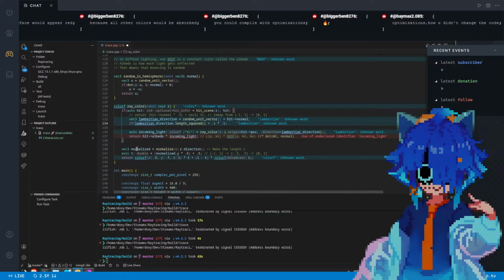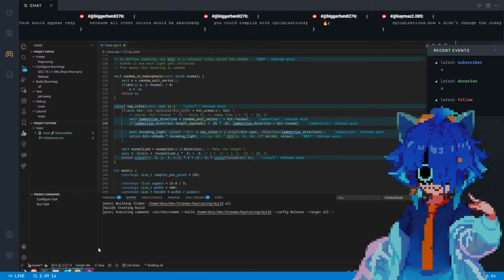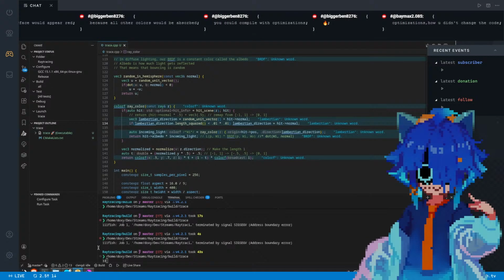So what we're going to do is if the length is very short, close to 0.01, we're just going to use the normal direction. So Lambertian direction equals our hit normal. And that ideally should no longer crash. I hope.